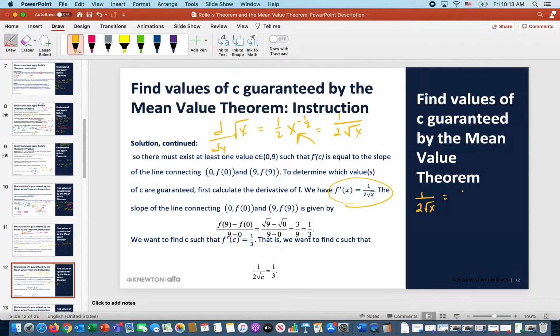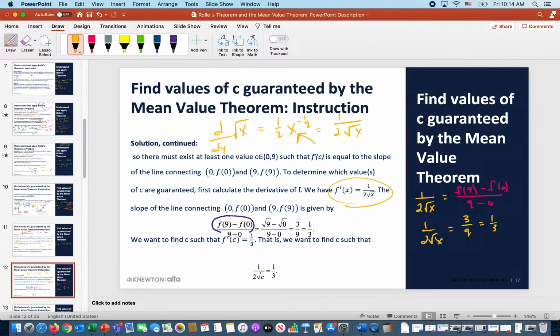Rolle's theorem would say set it equal to 0, but Rolle's theorem doesn't apply. We're doing the mean value theorem. The mean value theorem says that we're going to take our derivative and set it equal to the average rate of change, f of 9 minus f of 0 over 9 minus 0. In other words, we're going to have 1/2 square root of x equal to 3 over 9, or 1/3.